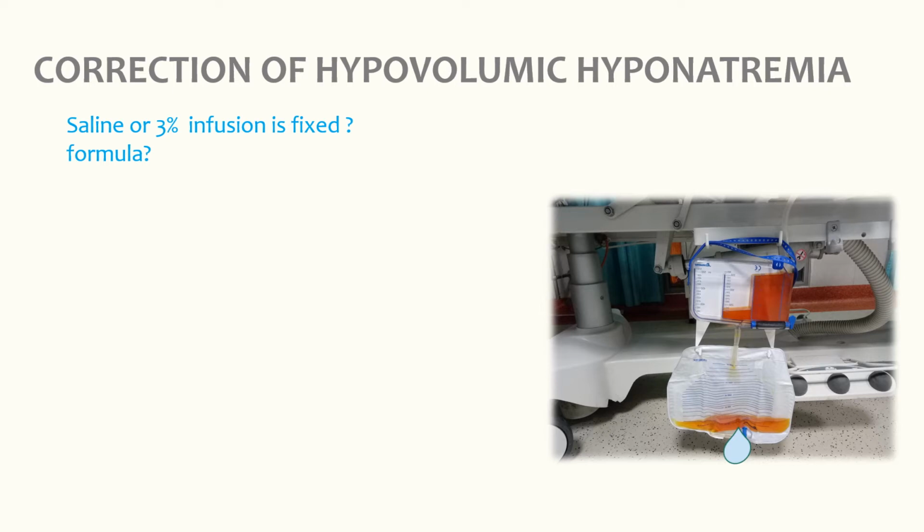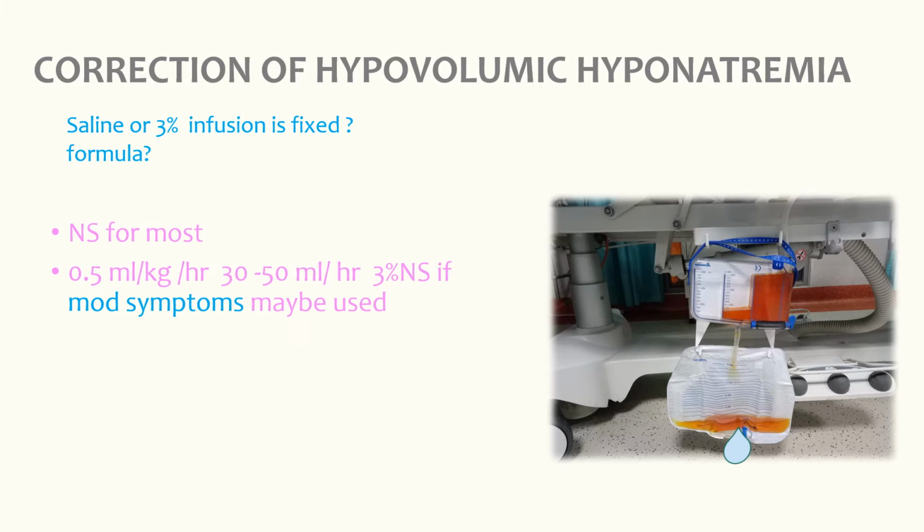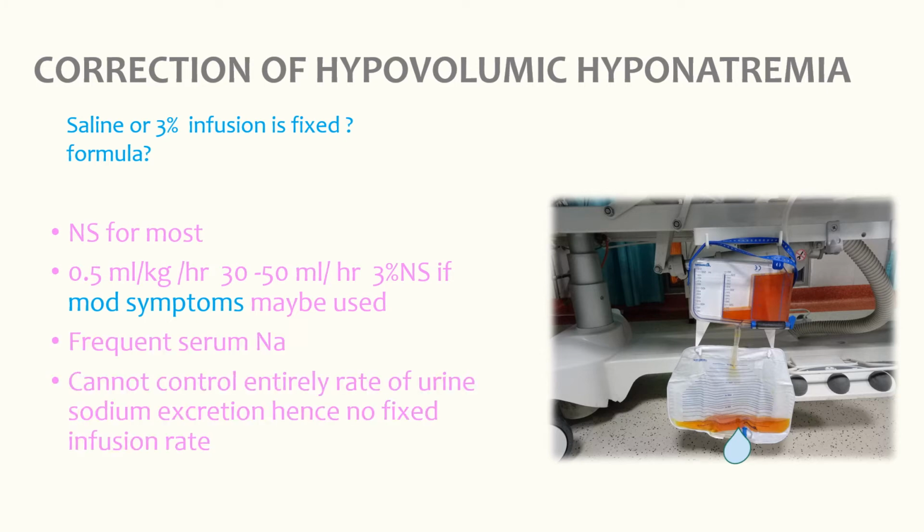You know, there are different formulae given by which you can estimate the sodium correction, but this does not always apply because you cannot control entirely the rate of urine sodium excretion. The moment you start giving your saline, the ADH secretion decreases and the patient starts pouring out dilute urine.